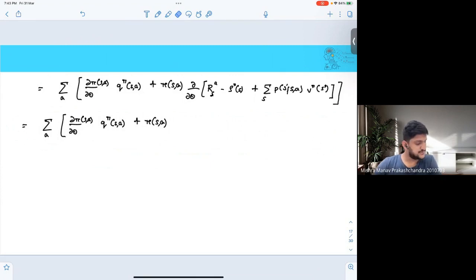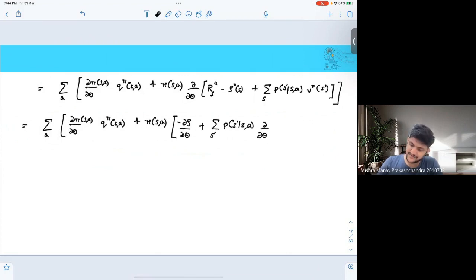So what we are left with is the original quantity minus d rho by d theta, because r of s, a becomes 0 when we differentiate it with respect to theta, plus the sum over s prime of p of s prime given s comma a times d by d theta of v pi of s prime.